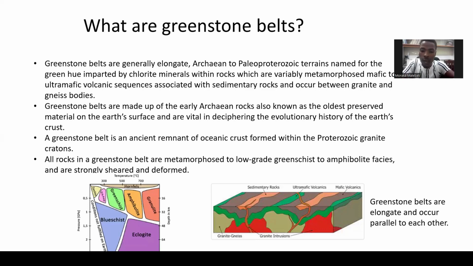They were intruded upon by granite intrusions or granite gneiss complexes, which is why we're saying these greenstone belts occur between the granite gneiss complexes. But not only that, even though they were originally horizontal, they now show these syncline structures because of compressional forces.